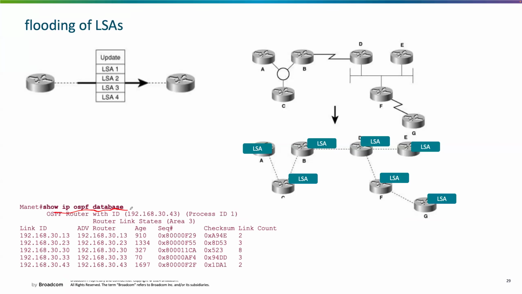If you run show ip ospf database, you can see there are a lot of LSAs. You can see the link ID and advertising router. The advertising router is the router ID, which means who originates this LSA. It's pretty important when you troubleshoot some OSPF issue.